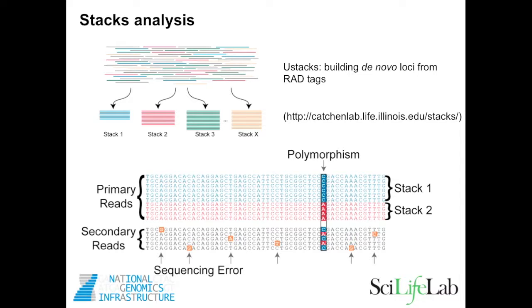It will assemble, in a way, it's not really a genome assembly, the reads into what they call stacks, and it will build a catalog of genomic loci and call variants, and also a population catalog as well. This slide is taken from their homepage, where you can read more about this.